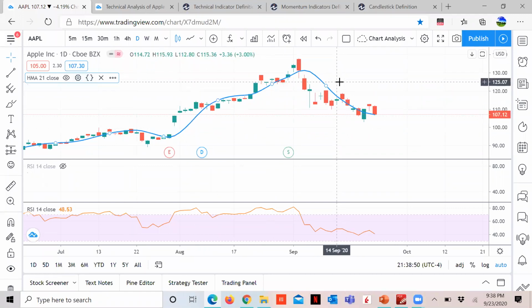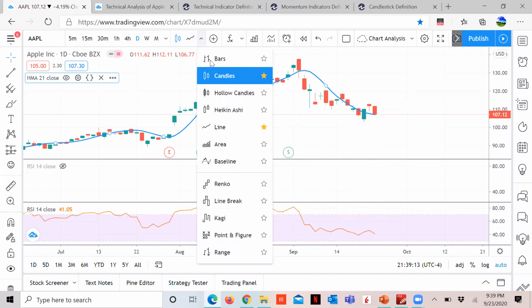All right, so that blue line is that moving average, and this RSI is the relative strength index. For now, just don't worry about the definition. We'll get to it later. Just want to give you an idea, right? So this is where you can change the candles.